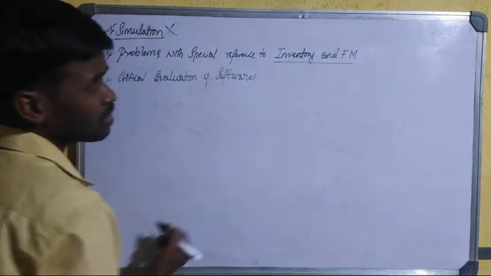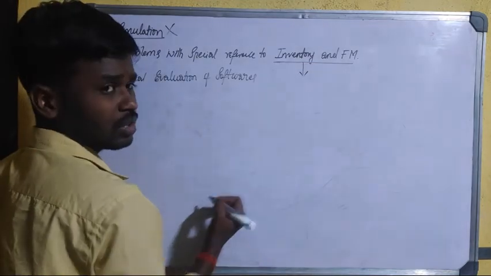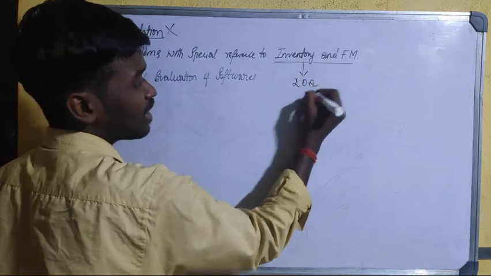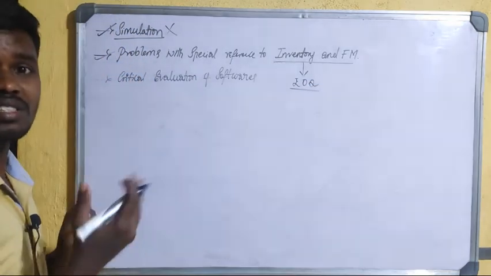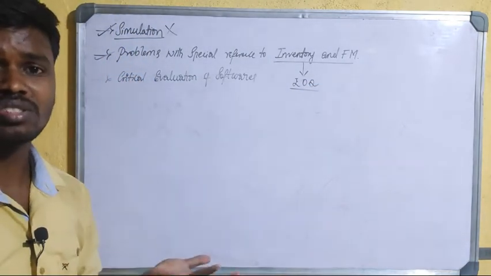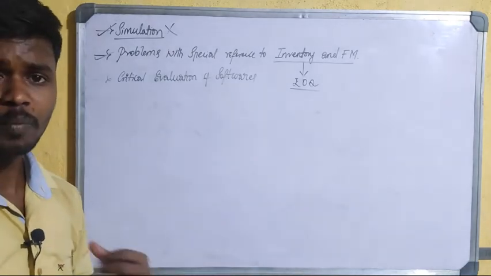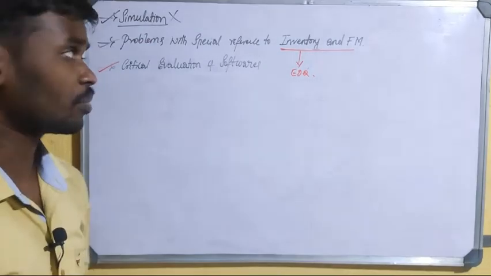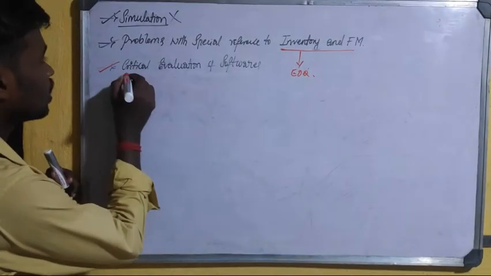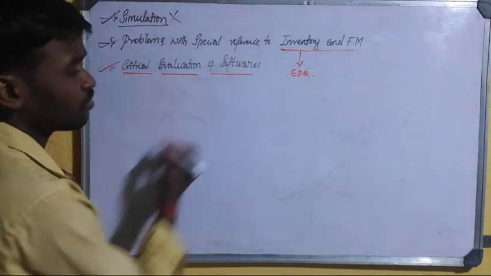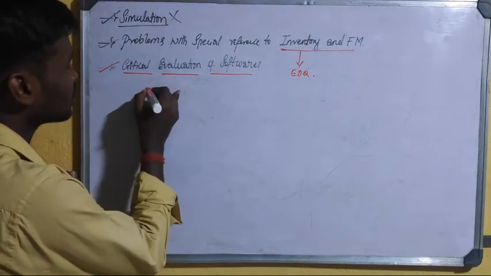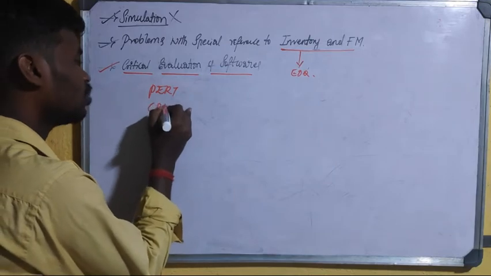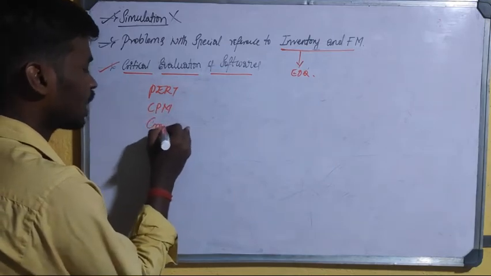Problems in the sense that we have to learn about the economic order quantities and the different stock levels, that is, based on different stock levels, how companies will order the stocks. We are going to discuss that in the next chapter. Next, the critical evaluation software, in the sense of PERT analysis, CPM analysis and crashing.